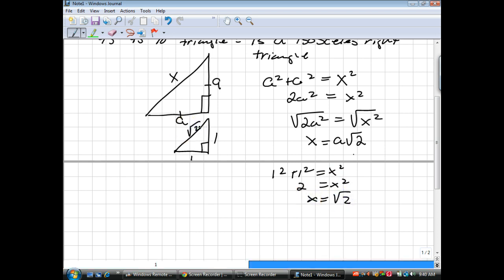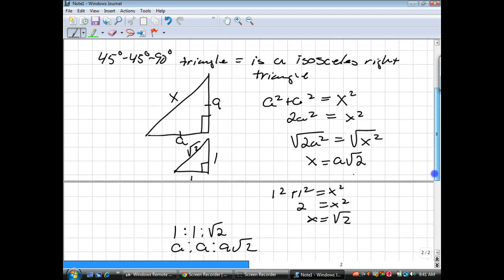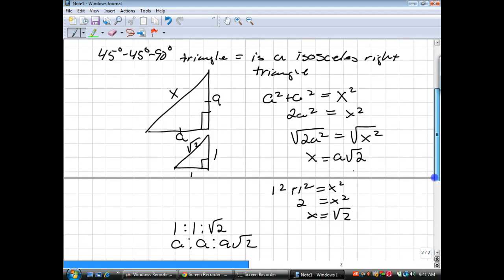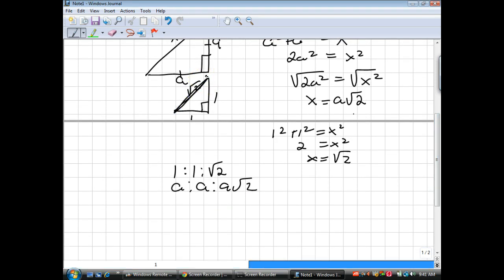So we say that the sides of a 45-45-90 right triangle are in the ratio of 1 to 1 to square root 2, or a to a to a square root 2. The ratio of all 45-45-90 triangles is 1 to 1 to square root 2. So the hypotenuse is always the leg times square root 2.